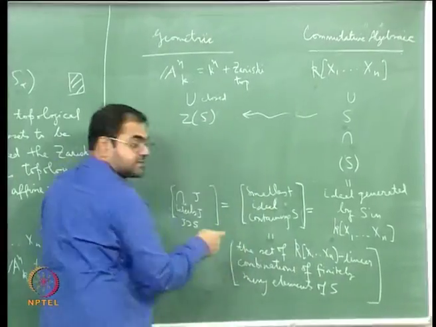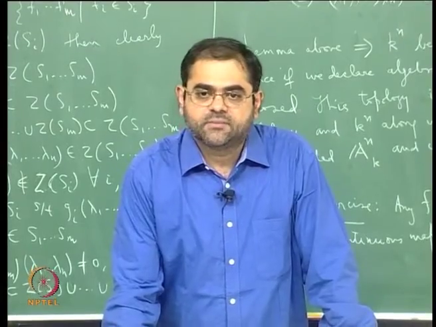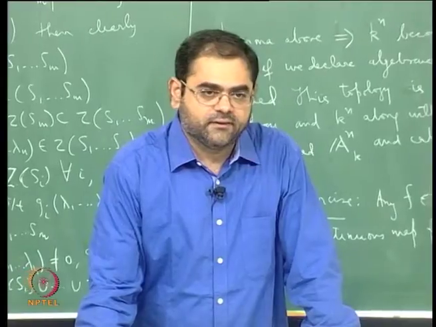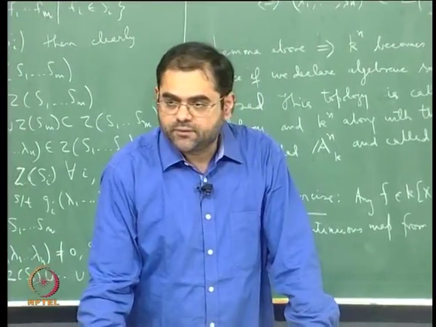That this is the same as this is an exercise. I mean, it's a simple exercise which you should have come across in a first course in commutative algebra, but if you haven't done it, it wouldn't take you probably more than a couple of minutes to do it.